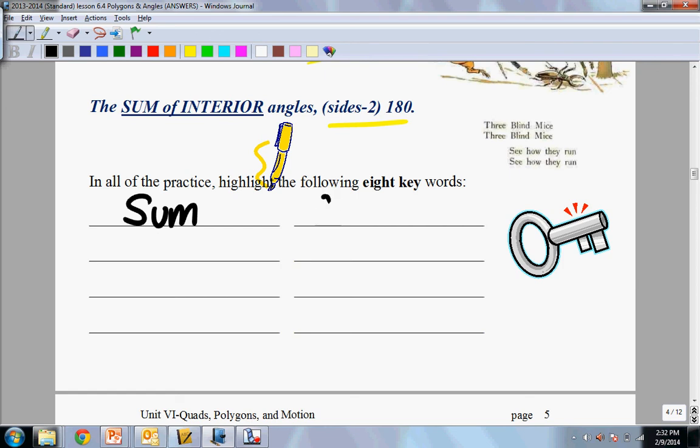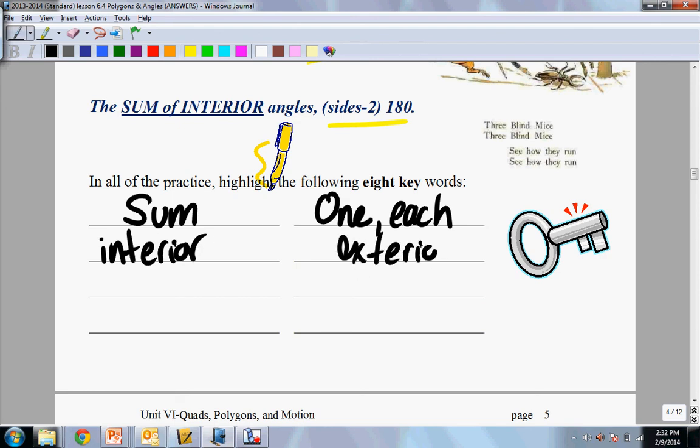The next keyword, or several words, would be the word one, or each, interior, exterior.